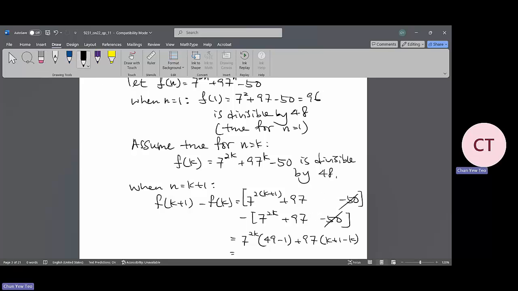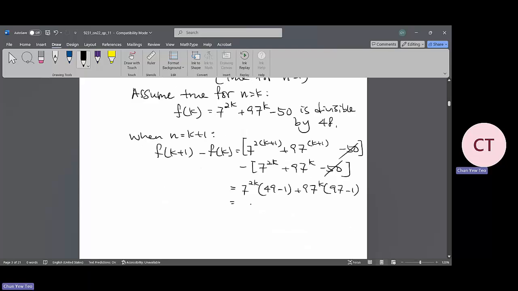This one is power k. So this one will be 97^k of 97 minus 1. So you get this as 48.